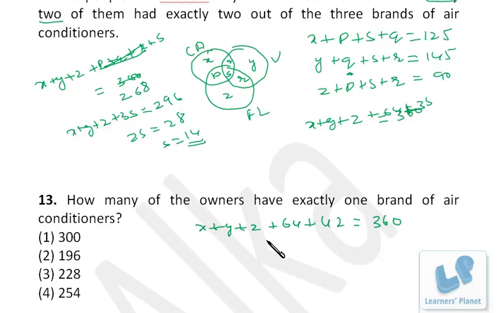That's 360, right? So from here we can calculate X plus Y plus Z. So that is 360 minus 106. So that's 254.